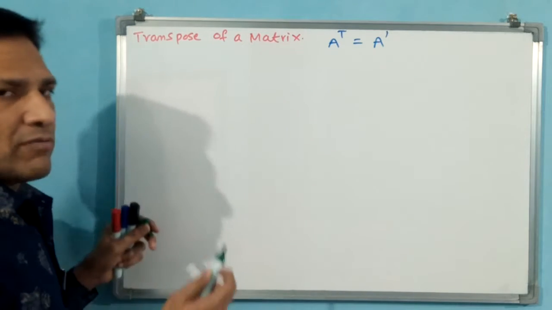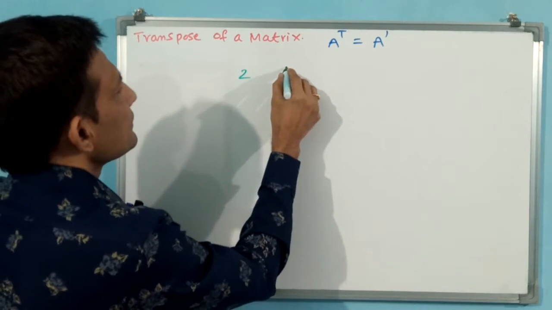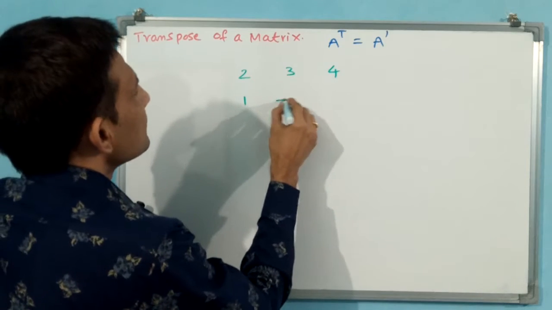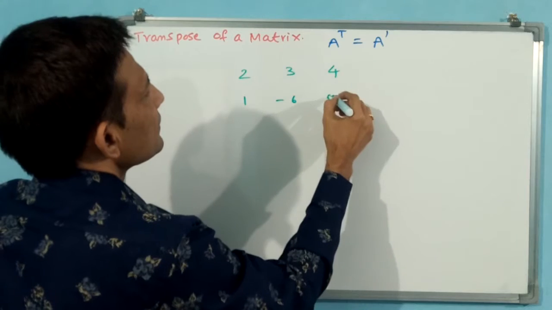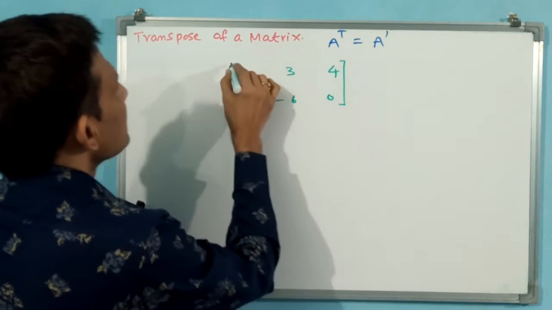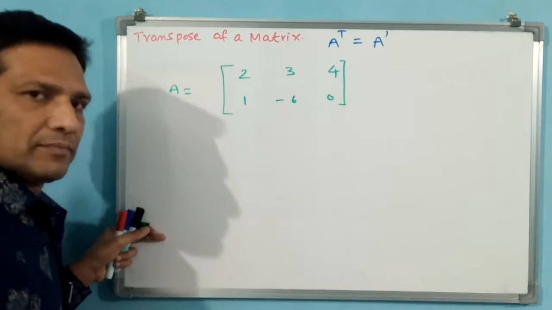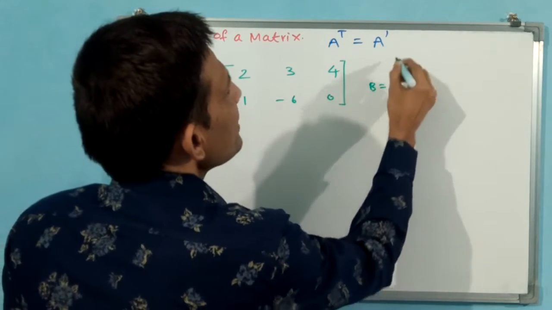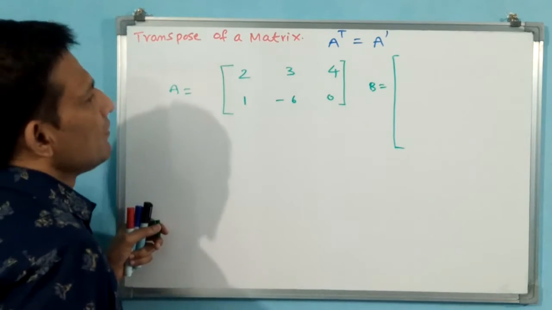Now let us see the definition and the explanation. I am giving you one example. This is a matrix A. Now B is also one matrix I am showing.